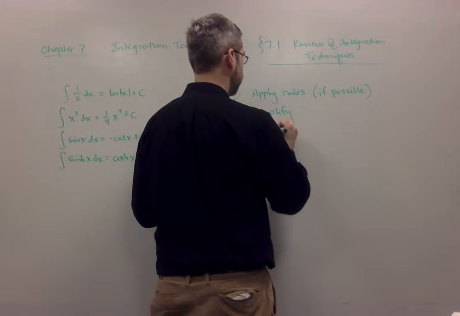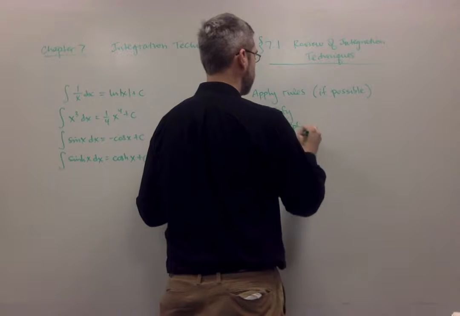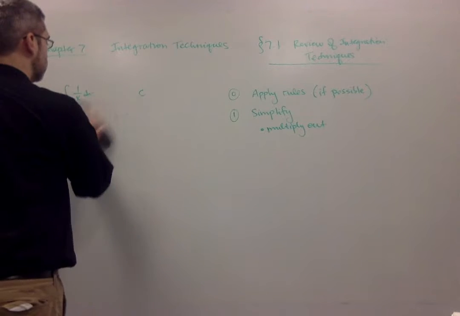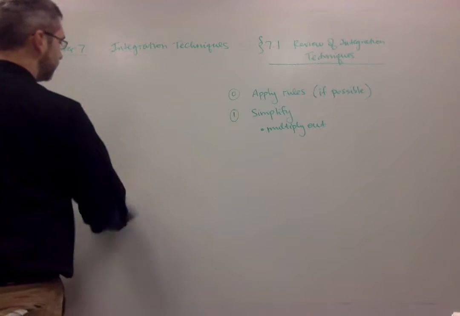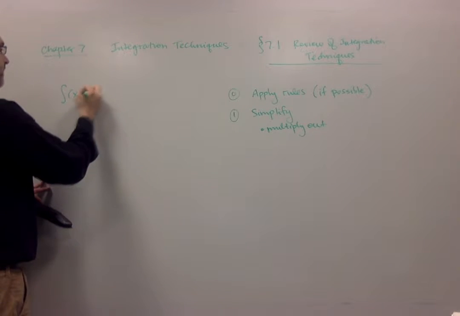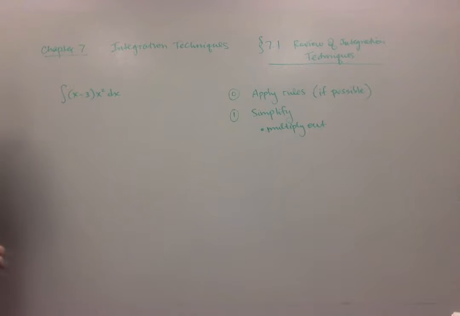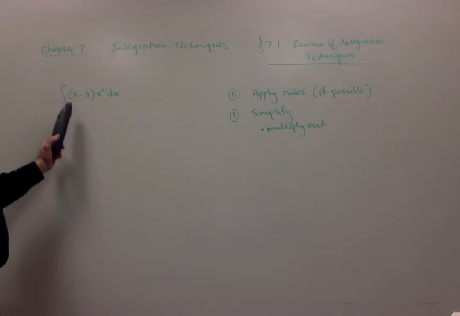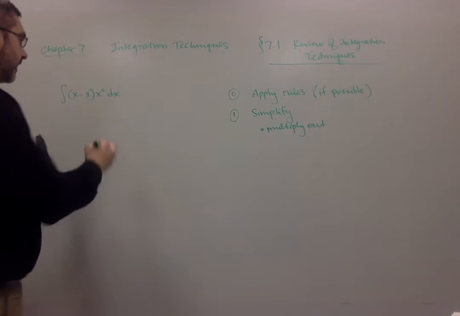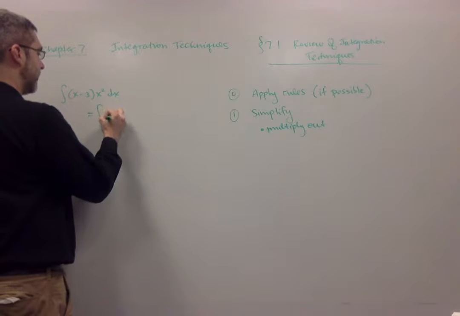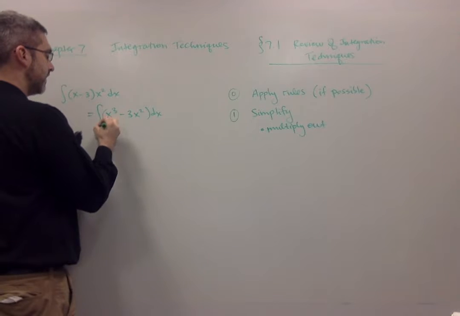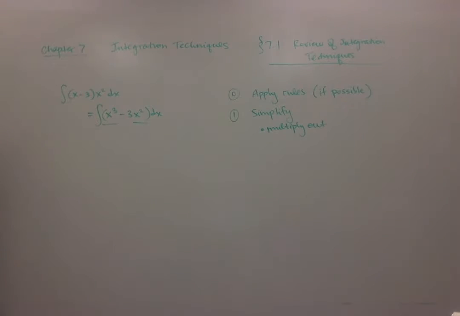One way that we sometimes simplify is we multiply out. We multiply an integral out. What I mean by that is something like this. If I gave you the integral of x minus 3 times x squared dx, you don't have a rule to do a product like this, but if you multiplied this out as x cubed minus 3x squared, now you have rules for both of those, right?